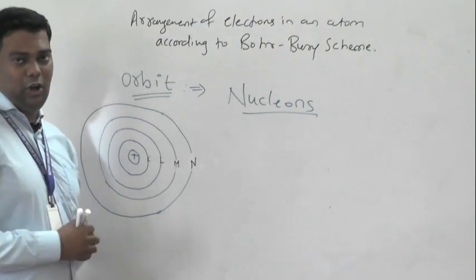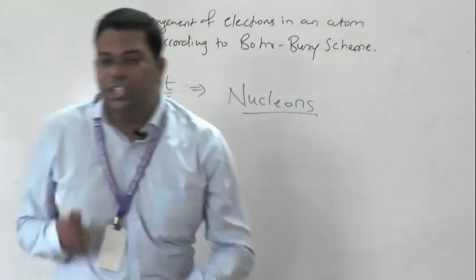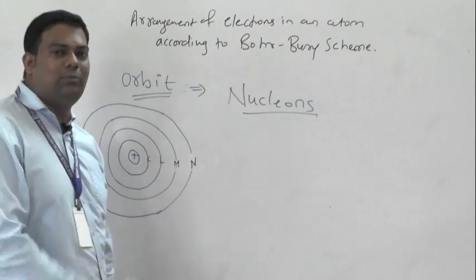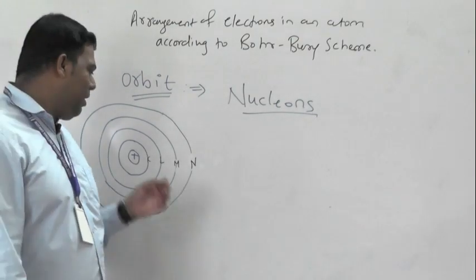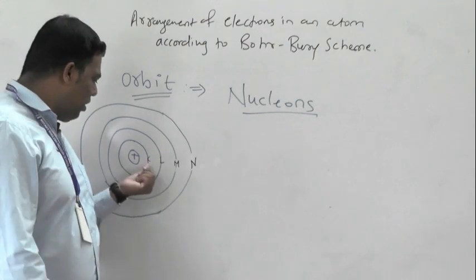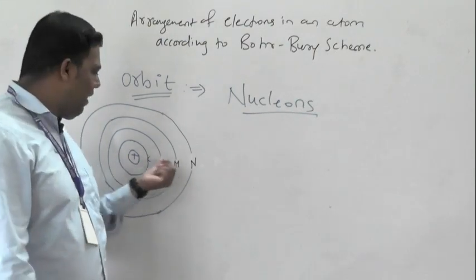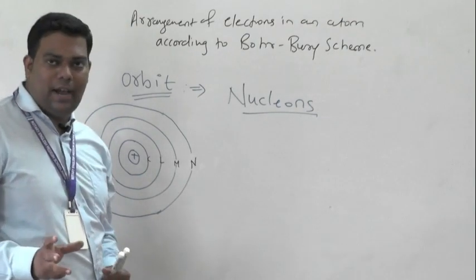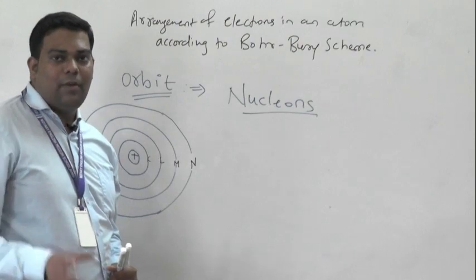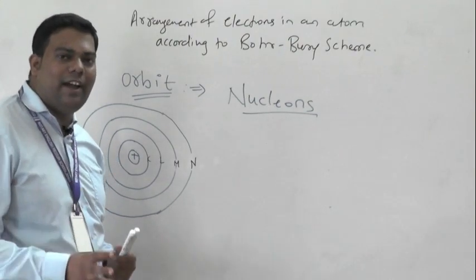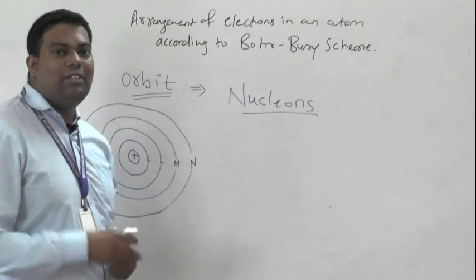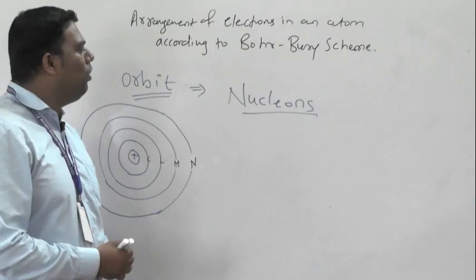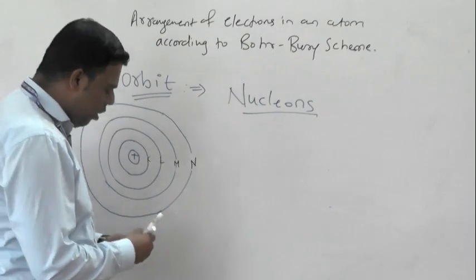It may be near the nucleus or far away from the nucleus also. Understood? Keep in mind: an orbital is a region where the probability of finding an electron is maximum. Means in an orbital, electrons are present. So these are your orbit and orbital.